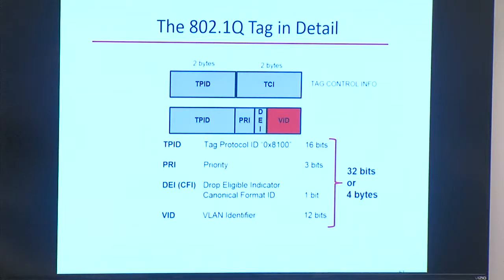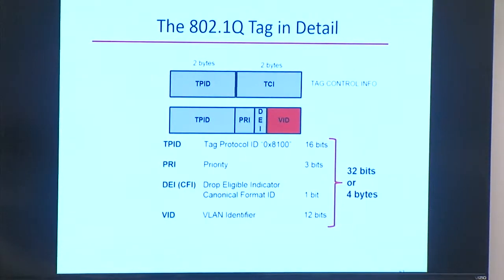Although a few of those VLAN identifiers are reserved, so we don't get to use all of them. I think it's 4,096 without looking it up. Larry's got his calculator, he's going to tell us. We take out a few of those, but there's a good 4,000 VLAN tags we can possibly use.